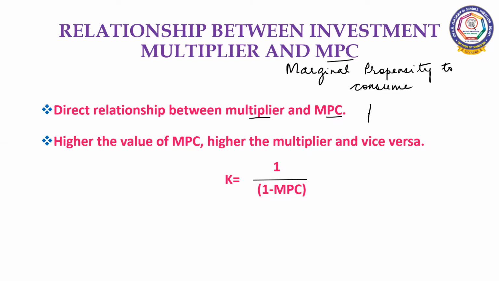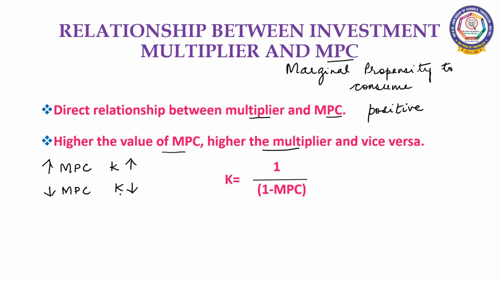It means the relationship is positive. Higher the value of MPC, higher the multiplier, and vice versa. So when the MPC increases, multiplier also increases. And when MPC is low or when the MPC decreases, then the multiplier also falls.